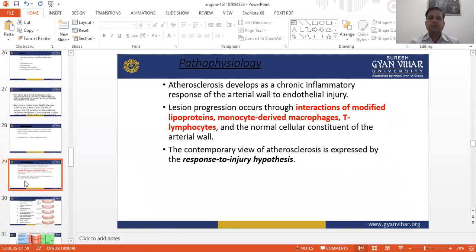Now, pathophysiology of atherosclerosis. Atherosclerosis develops as a chronic inflammatory response of the arterial wall to endothelial injury.